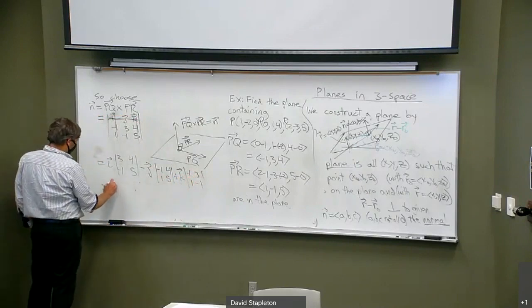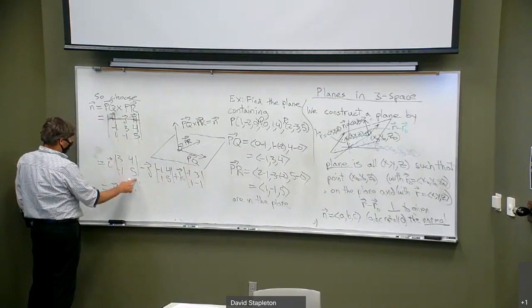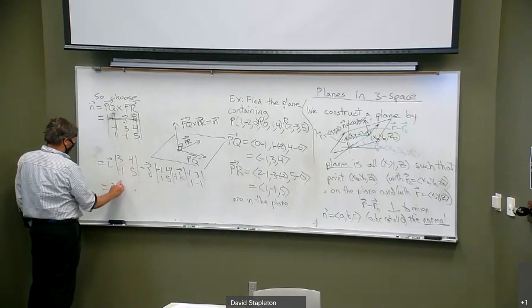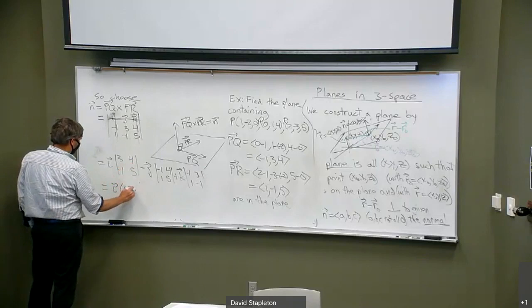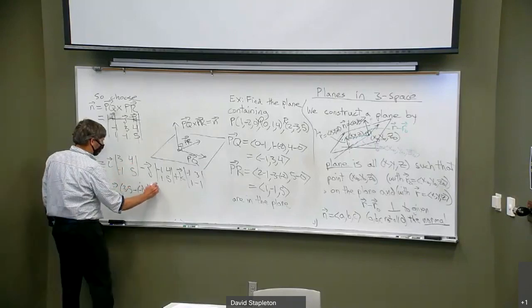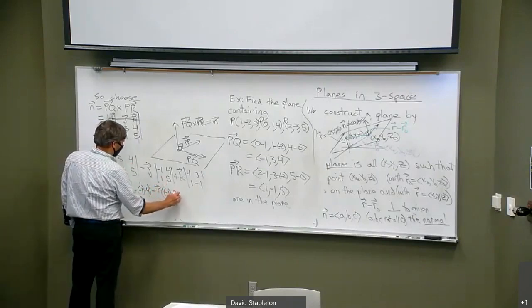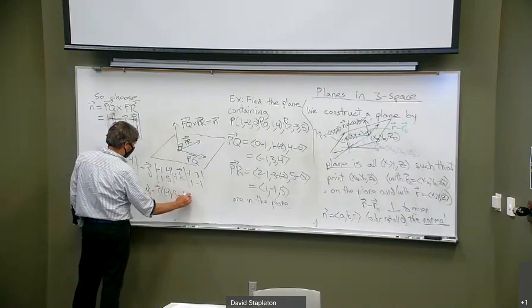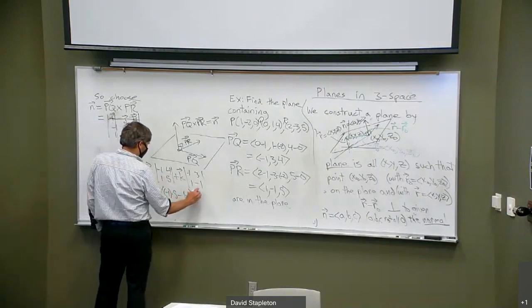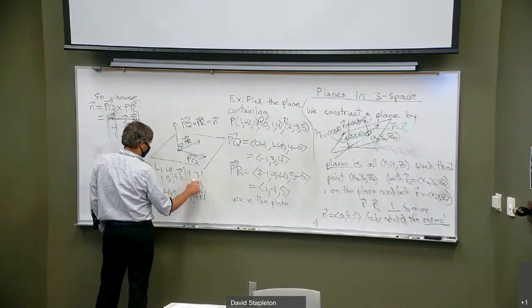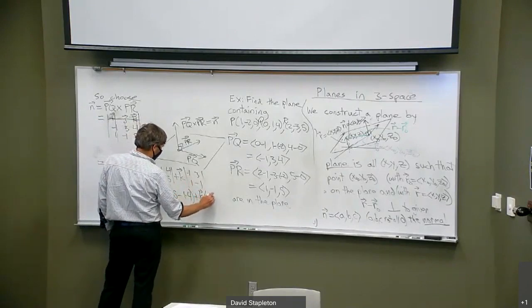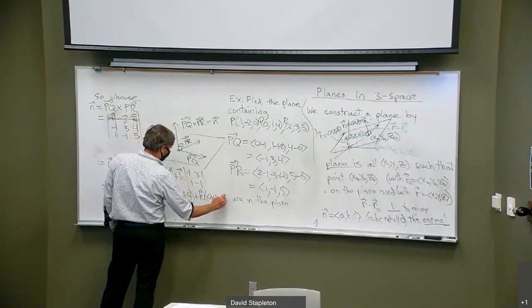By the determinant formula, it's i times 15, this diagonal minus this diagonal: 3 times 5 minus 1 times 4, right? And this one is minus j times minus 1 times 5 minus 1 times 4, plus k times minus 1 times minus 1 minus 1 times 3.